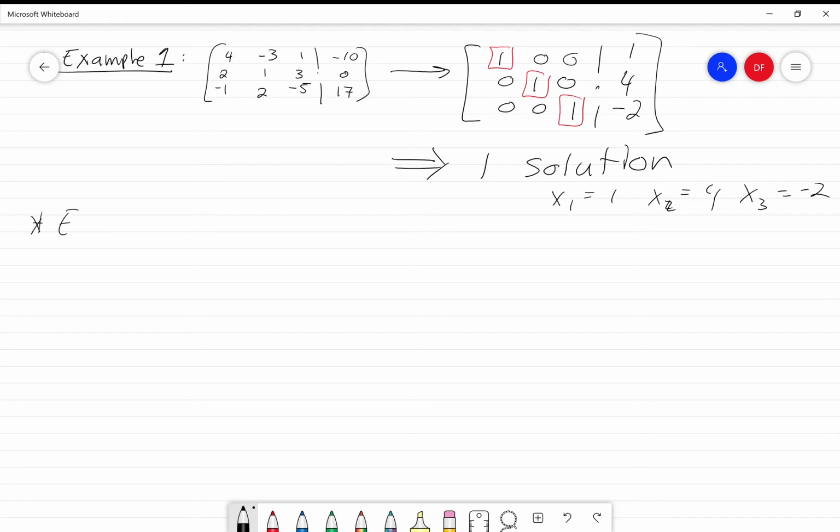In example 2, we saw the following matrix. We saw 0, 3, 3.